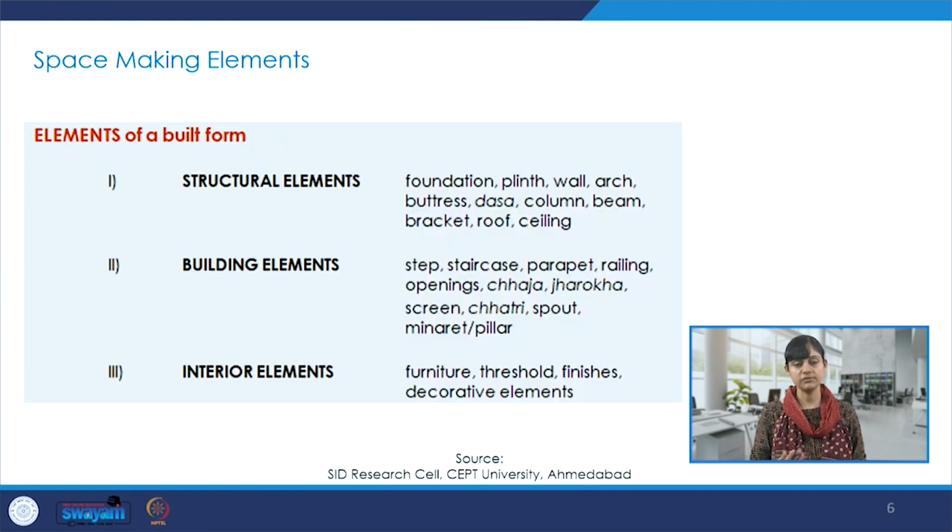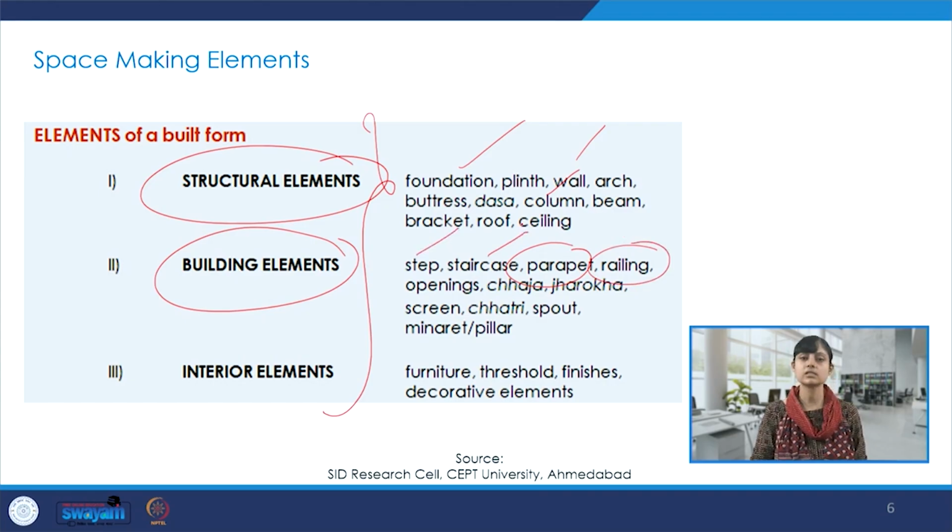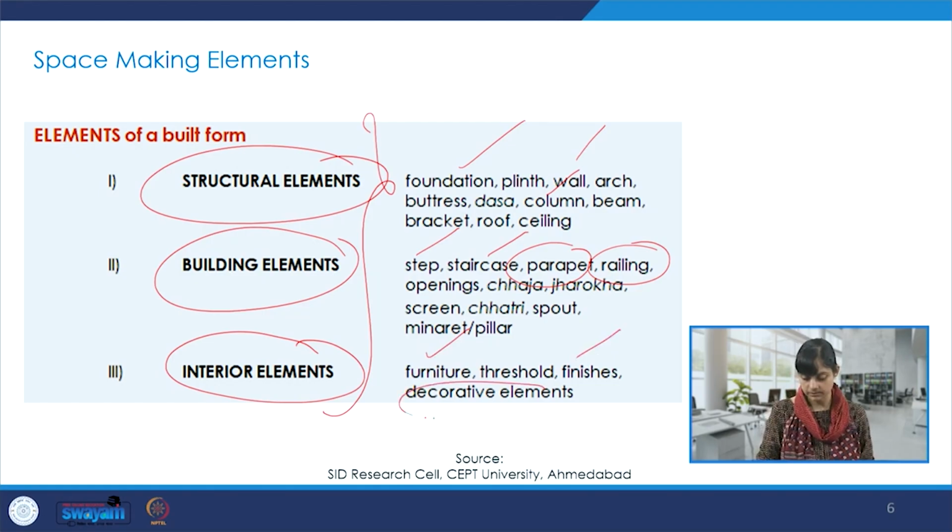There is another classification which talks about these three orders. So one is the structural elements, again such as foundation, wall, column. And then there are building elements where we see parapet, railing, step, staircase, and then interior elements such as furniture, finishes and some decorative elements.